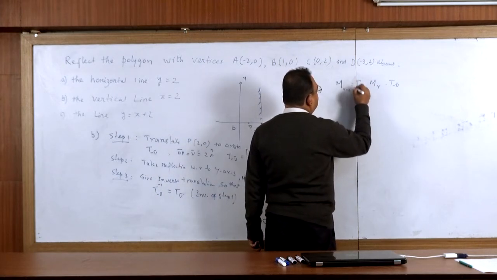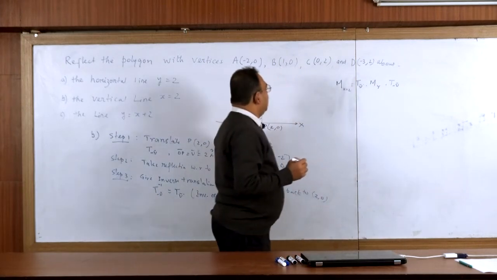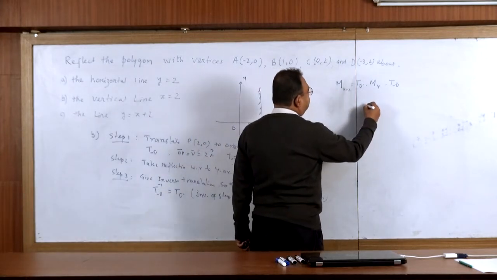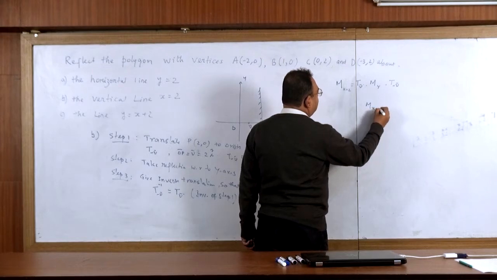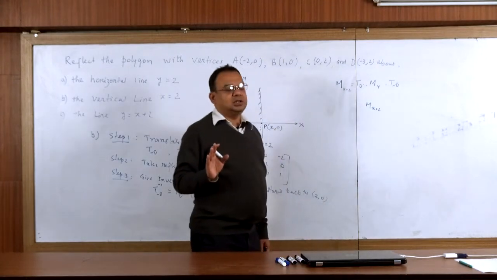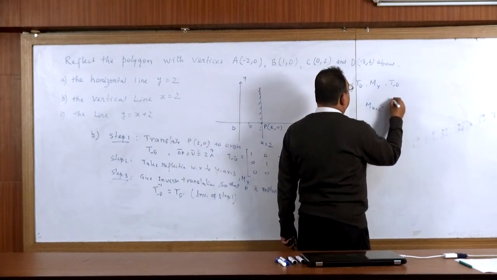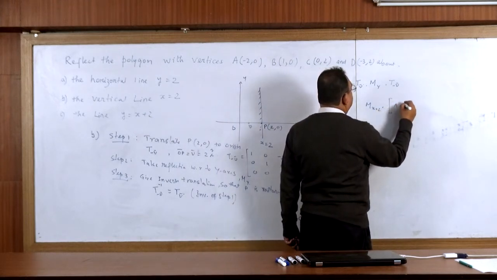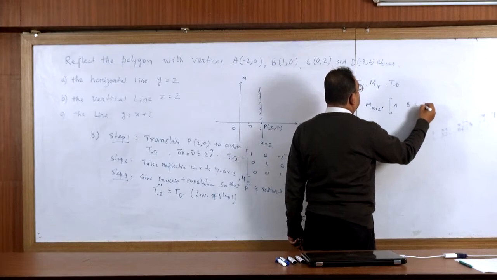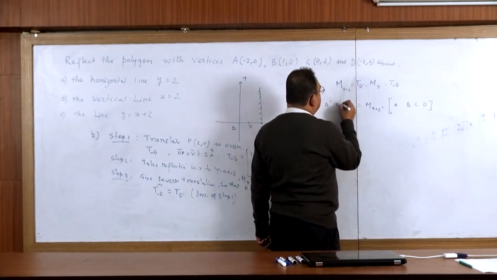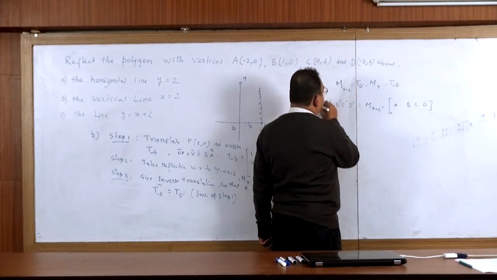Then we will apply this M L, M x is equal to 2, here L is x is equal to 2, on these 4 points A, B, C, D, and we will get A dash, B dash, C dash, D dash.